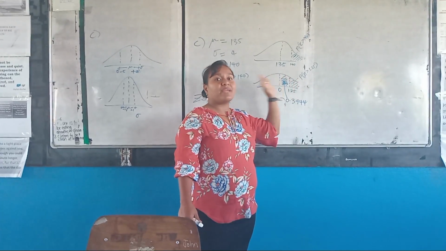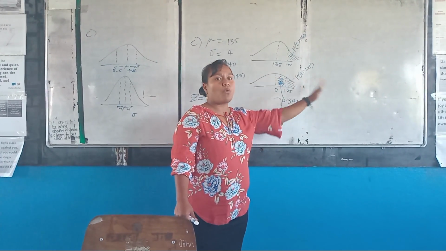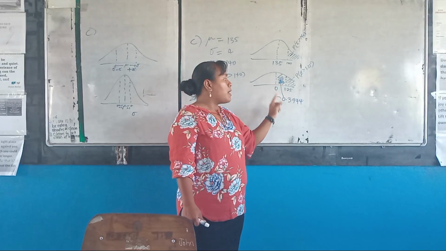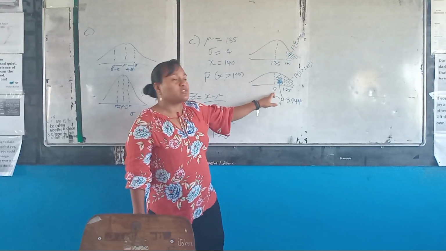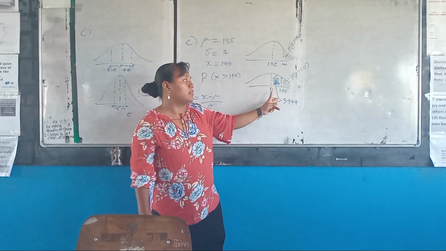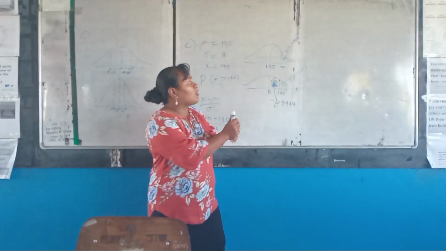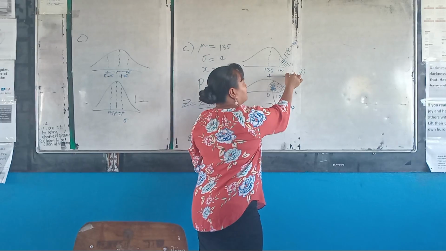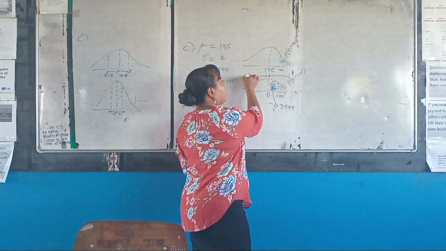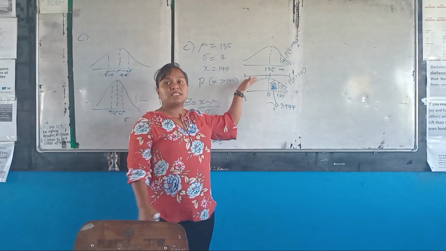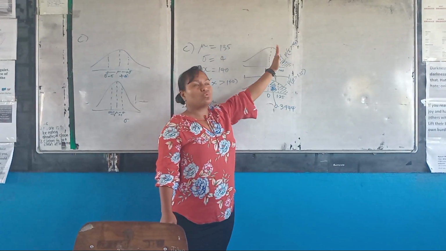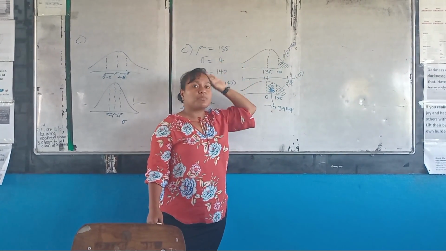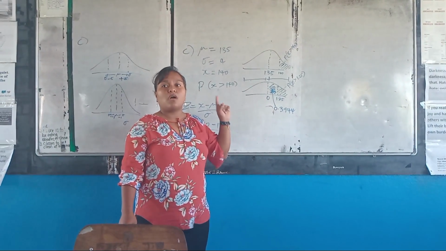So the required area is from 1.25 onward, but this 0.3944 is the area from 0 to 1.25. So what's the value of this whole half? 0.5. This is the probability distribution. It's divided into 2, 0.5 and 0.5. 0.5 plus 0.5 is 1.